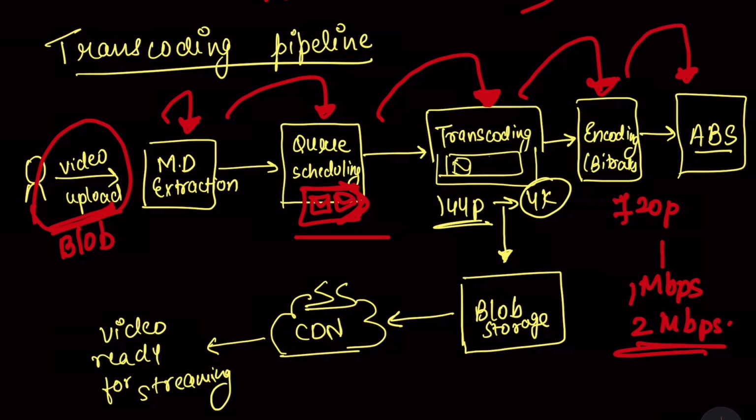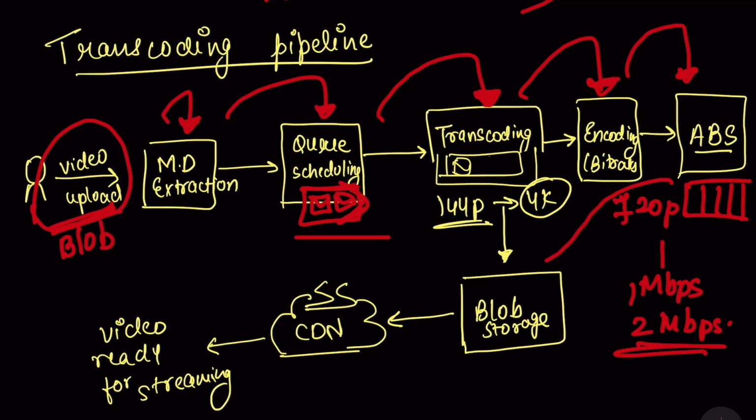The encoded video will be separated into chunks and stored in the blob storage. This is done for adaptive bitrate streaming, through the HLS or DASH protocols. Then the transcoded and encoded videos are stored in the blob storage, which is optimized for fast retrieval and replication across multiple data centers.